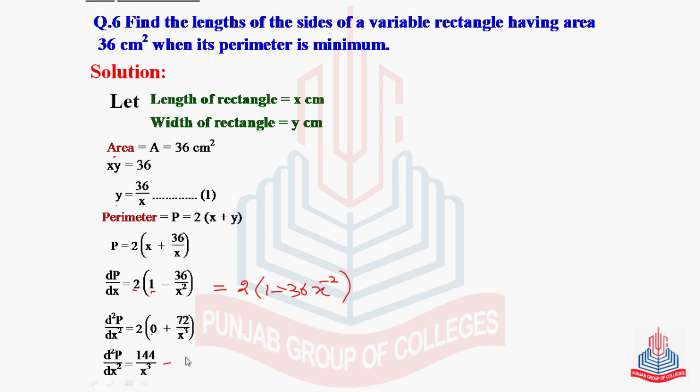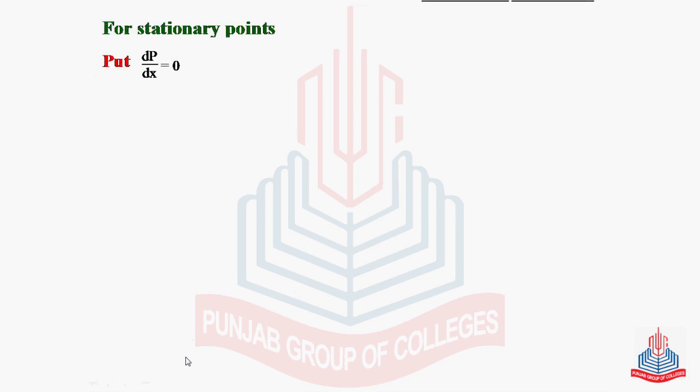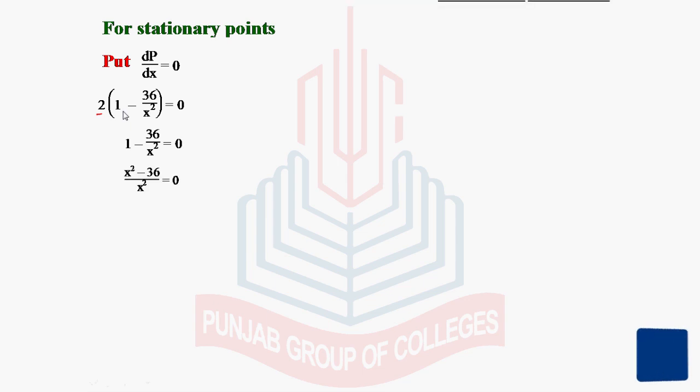Now for stationary points, put first derivative equal to 0, which is 2 into 1 minus 36 over x square. And from here we can calculate the value of x. 2 can never be 0, so 1 minus 36 over x square is equal to 0, and from here by taking LCM, x square is equal to 36, and from here x will become 6.